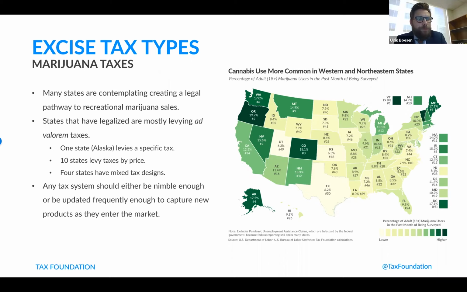I think the easiest thing to do at this point in time is to consider the different product categories and split them into two. You have your smokable product, that'd be your flower products that are sold to be smoked.